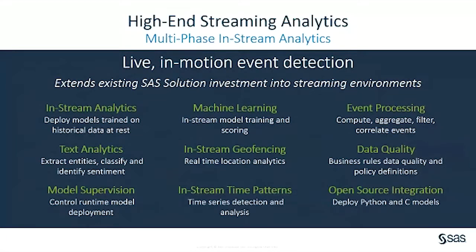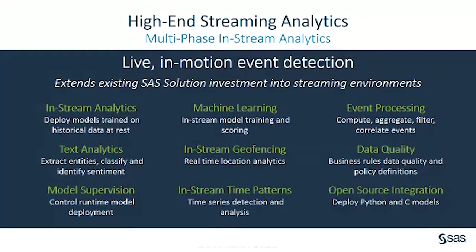We provide text analytics to extract entities and understand sentiment. Geofencing allows you to test whether or not a subject is inside a geographic area or alert when it enters or leaves a particular area. We also understand the importance of data quality, providing a rich set of capabilities from our data quality tools to address business rules for standardization, parsing, and enrichment of data.